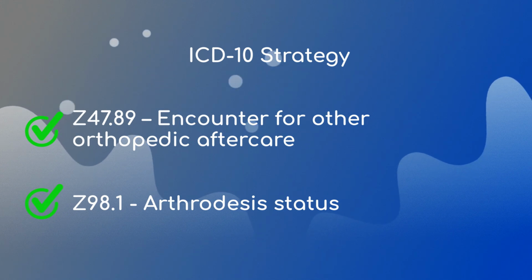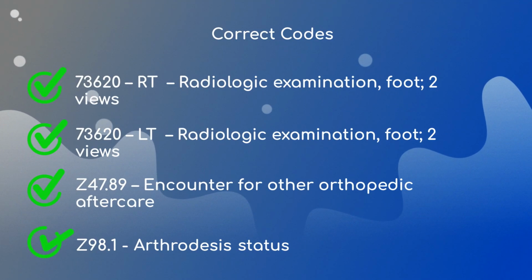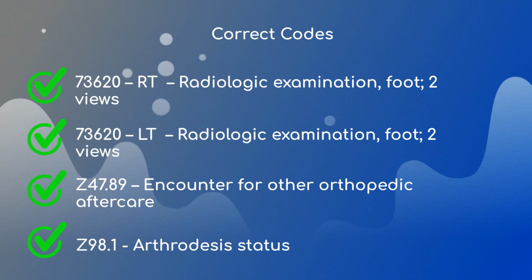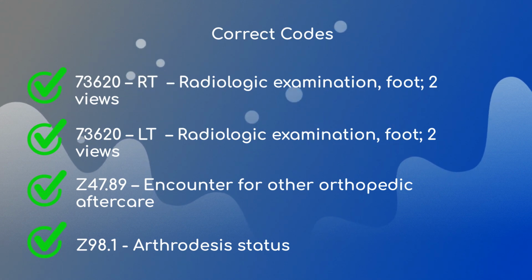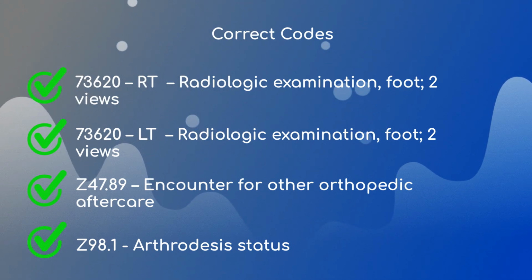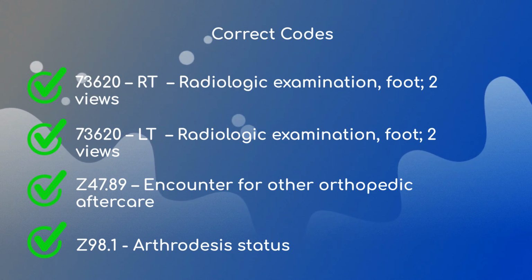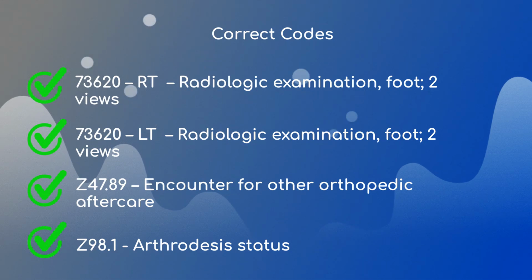These codes work for both CPT codes. Correct codes, bilateral foot imaging: CPT codes 73620 RT, right, radiologic examination foot, 2 views, and 73620 LT, left, radiologic examination foot, 2 views. ICD-10 codes Z47.89, encounter for other orthopedic aftercare, and Z98.1, arthrodesis status.